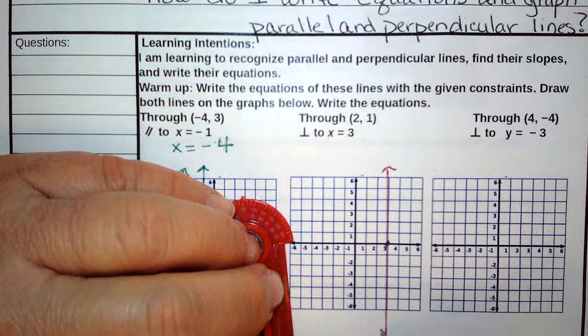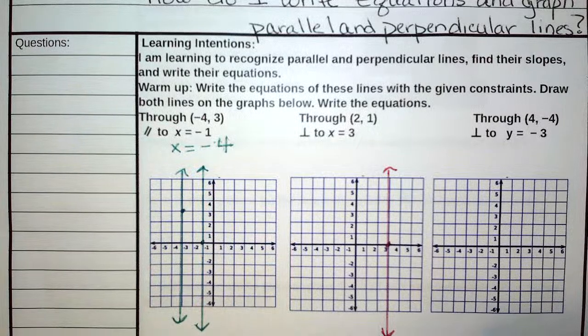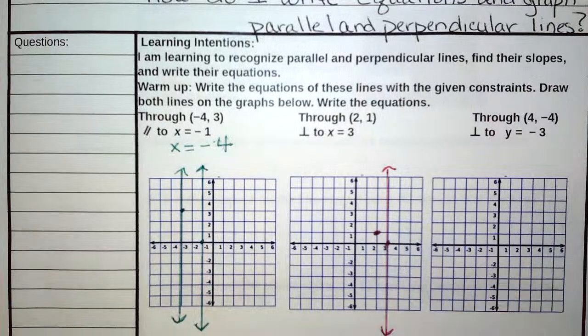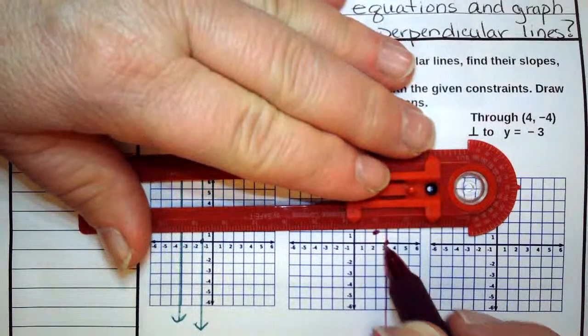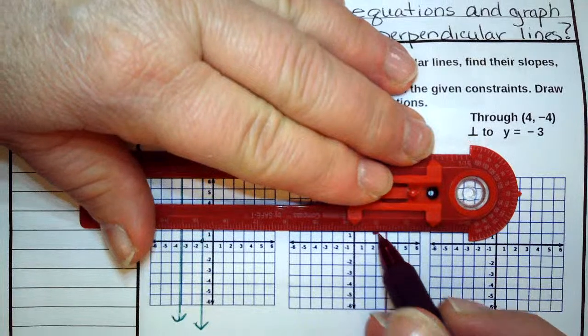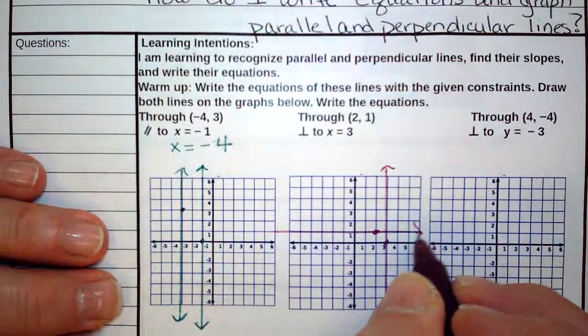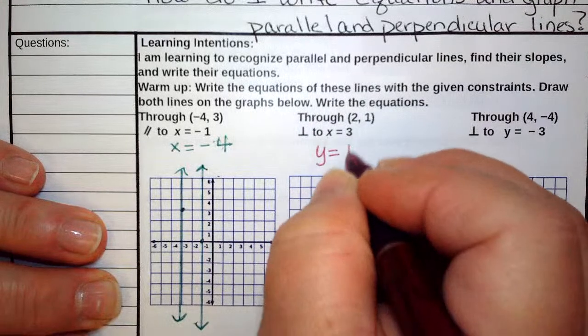So the line that would be perpendicular would be horizontal. Let's find the point (2, 1). And this becomes y equals 1.